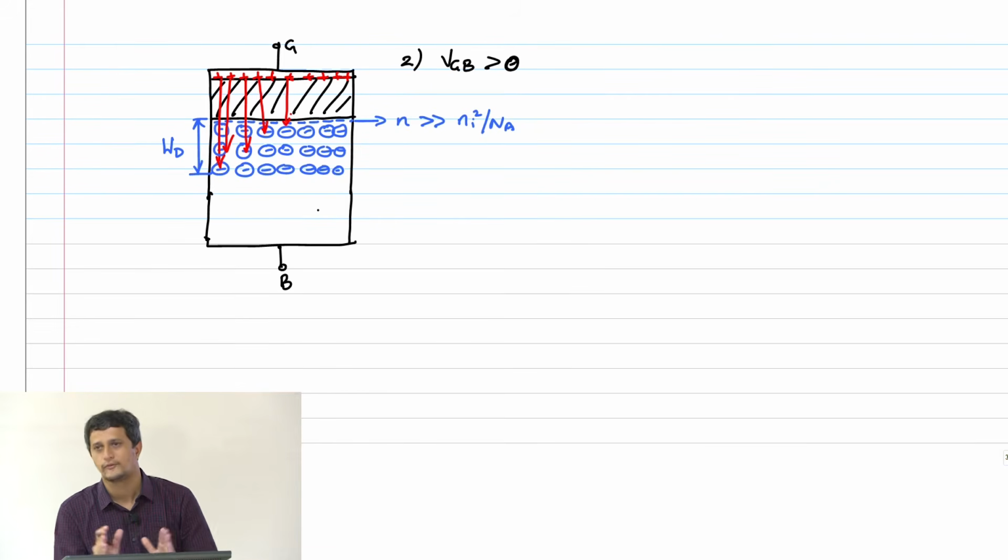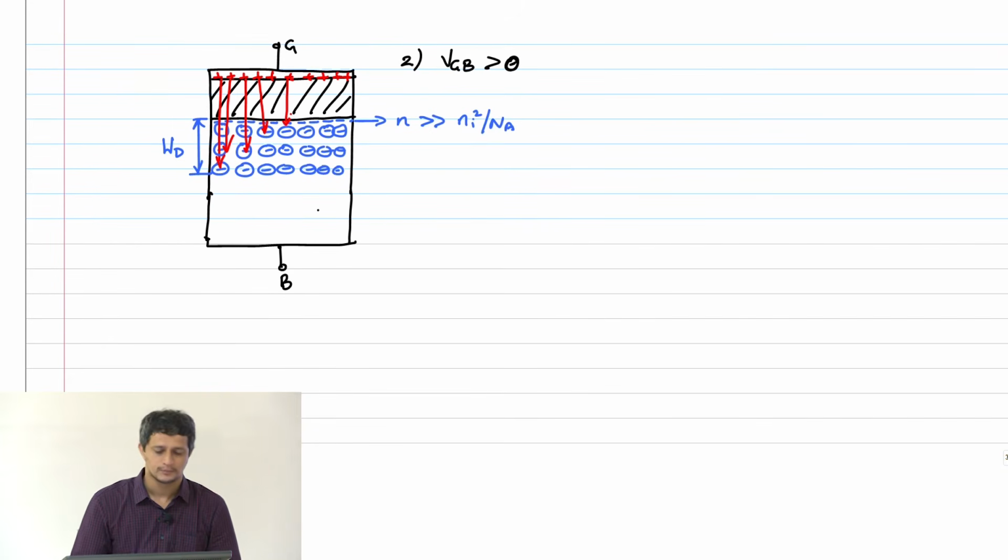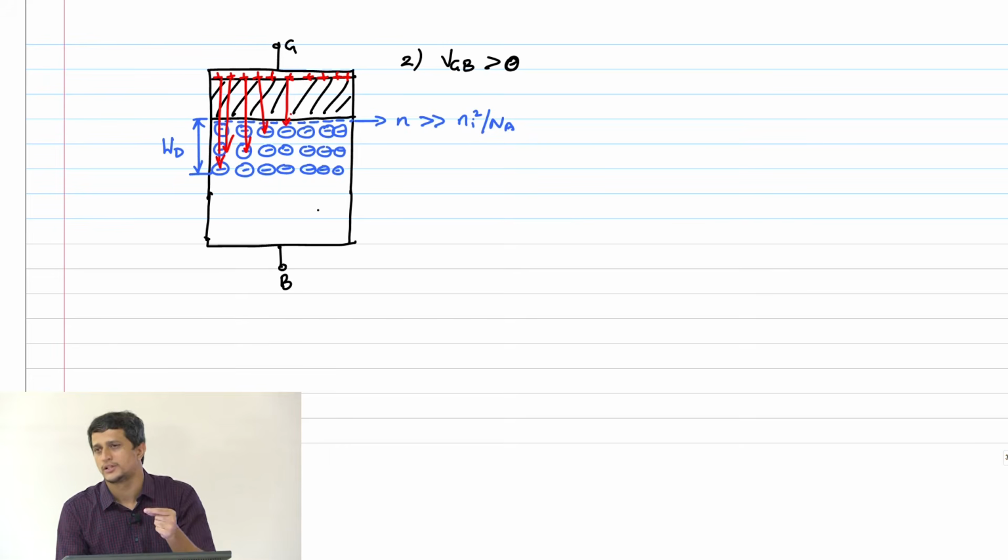It's a combination of both free electrons and immobile negative charges, which are in the form of dopant atoms. So it turns out that as I start attracting electrons to the surface, beyond a point, this surface potential will get pinned.